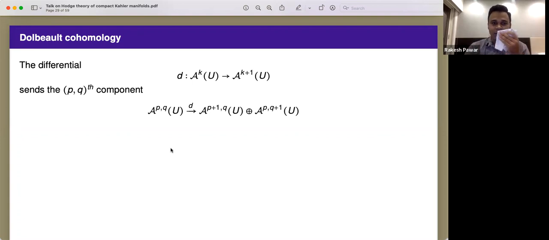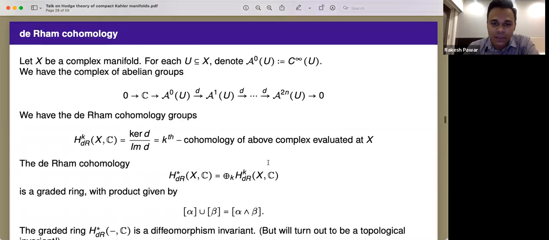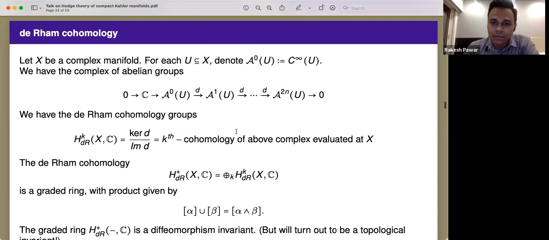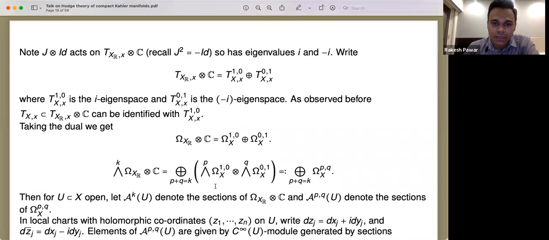So let's look at the differential from A^k(U) to A^{k+1}(U). It sends C-valued k-differential forms to C-valued (k+1)-differential forms. And now we observe that A^k(U) had different components, so if you remember, sections of this, which are A^k(U), will decompose into sections of this, which are A^{p,q}(U).